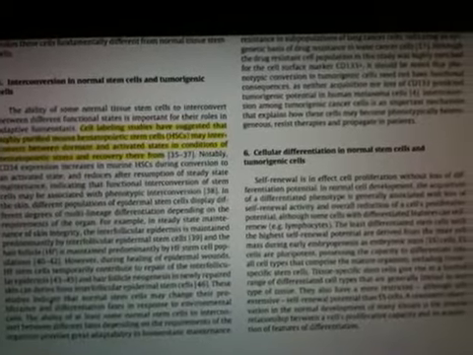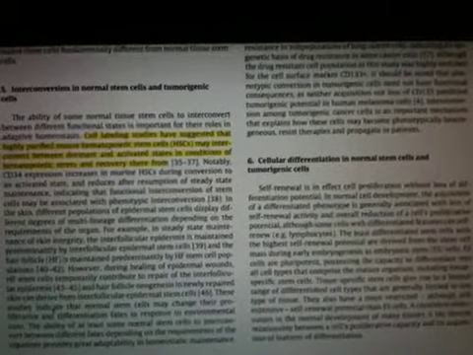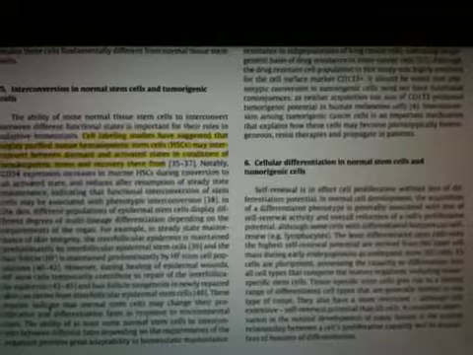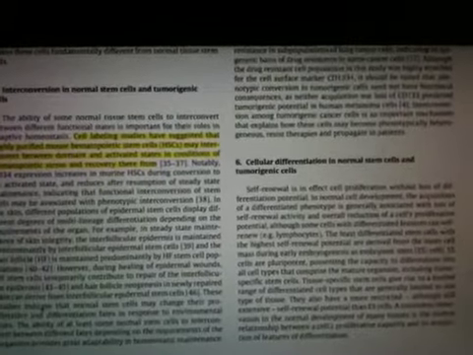Interconversion in normal stem cells and tumorigenic cells. The ability of some normal tissue stem cells to interconvert between different functional states is important for their roles in adaptive homeostasis. Cell labeling studies have suggested that highly purified mouse hematopoietic stem cells, HSCs, may interconvert between dormant and activated states in conditions of hematopoietic stress and recovery therefrom.